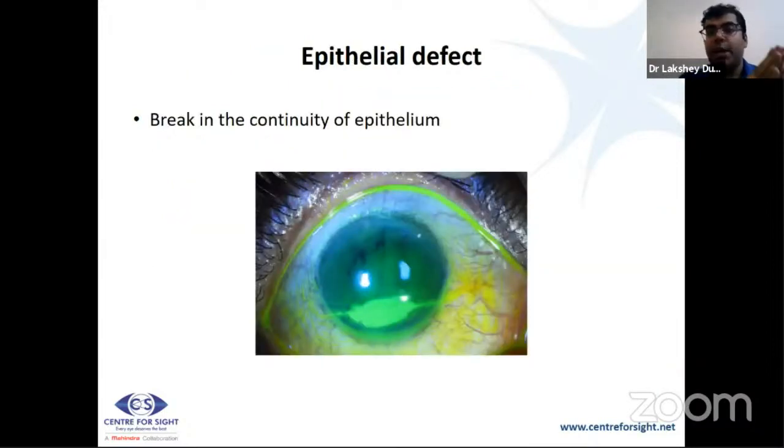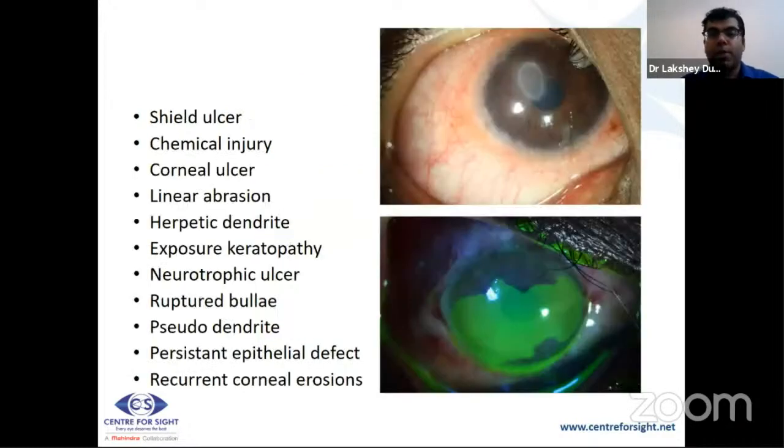Another sign is epithelial defect, which is a break in the continuity of the epithelium. It can be seen in Shield's ulcer, as in the first image. There are a few epithelial defects in which you can give steroids. Normally, for epithelial defects you don't give steroids, you give only antibiotics, or if it is fungal, maybe antifungals.